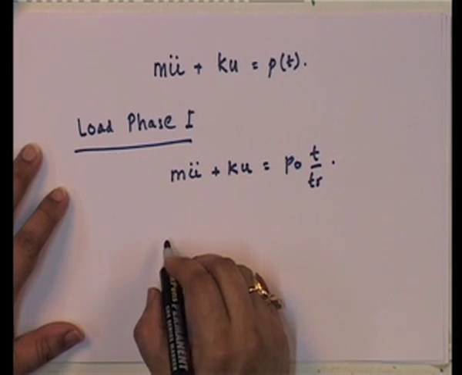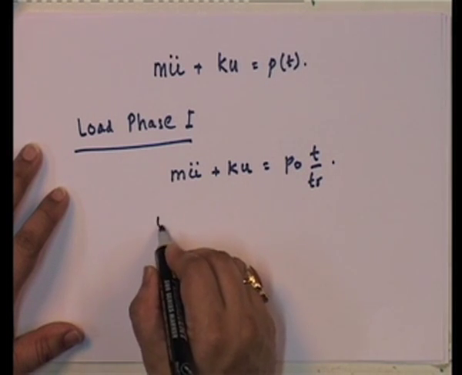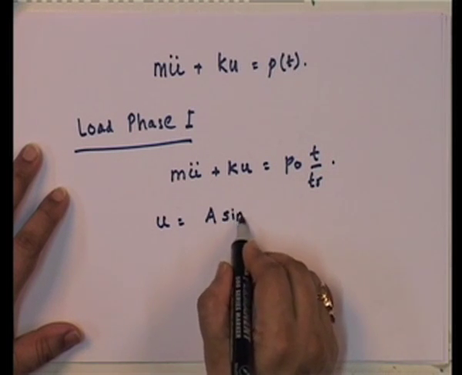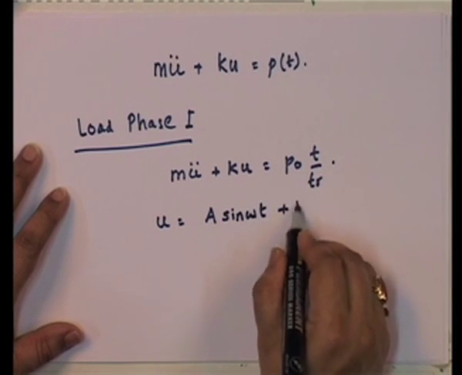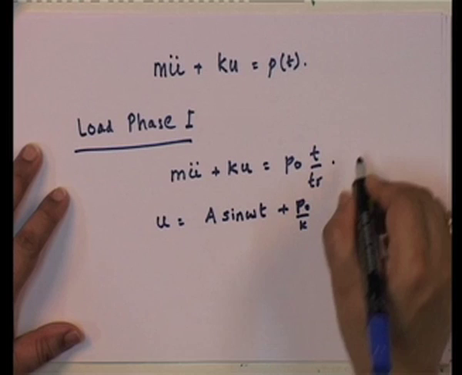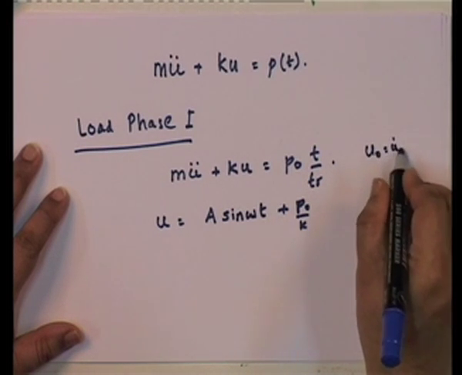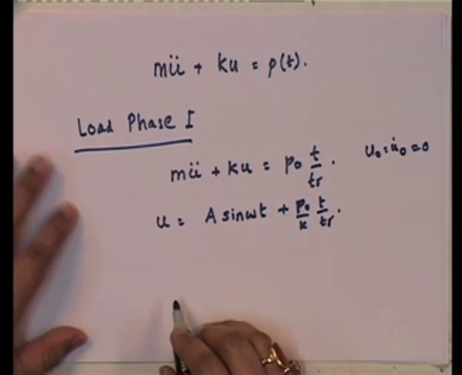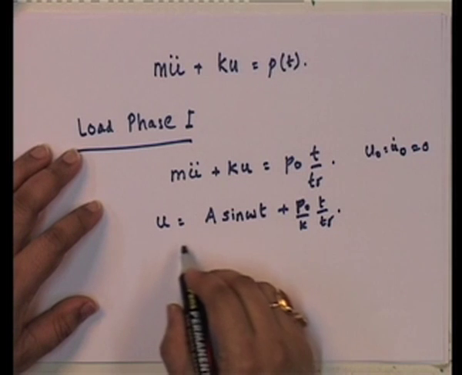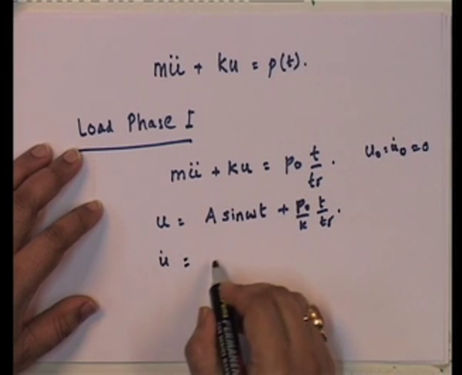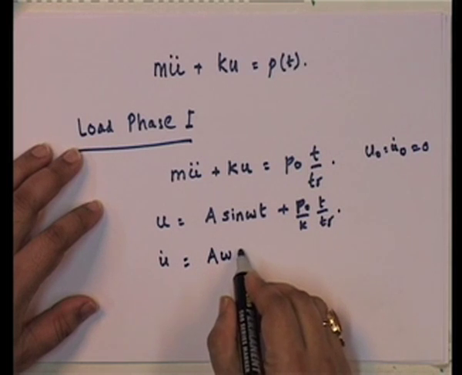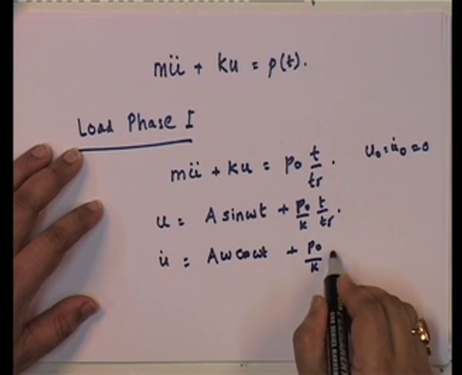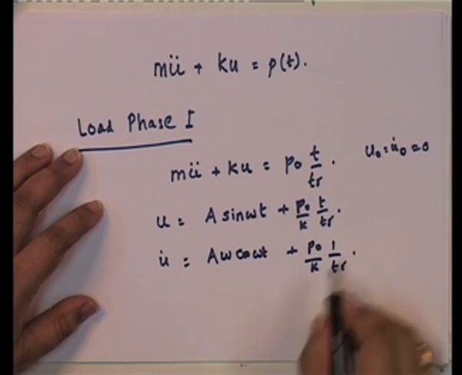So, only the sine term will exist, and so u of t is equal to A sin omega t plus P naught upon k, t upon T r. Understand that u and u dot are equal to 0 at rest initial conditions. So, this is the solution, and plugging in u dot, which is equal to A omega cos omega t plus P naught upon k, 1 upon T r.